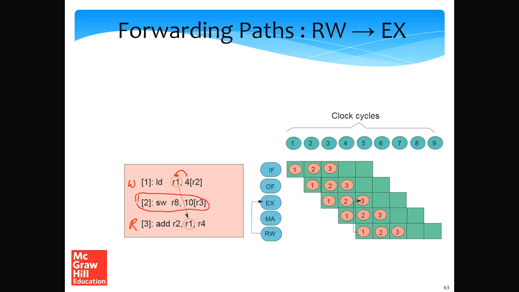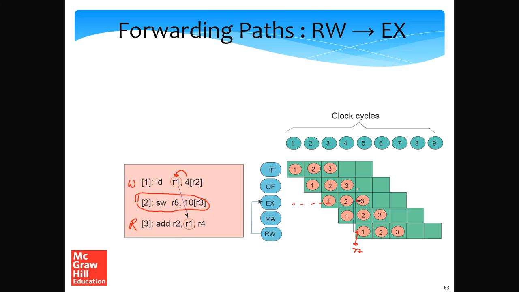Let's again consider cycle number 5, where the load instruction would have completed its load. So the value of R1 would be there with it. We don't care about the intervening store instruction because it doesn't have any dependencies. But the add instruction would be there in the EX stage, and that is exactly when it would require the value of R1.